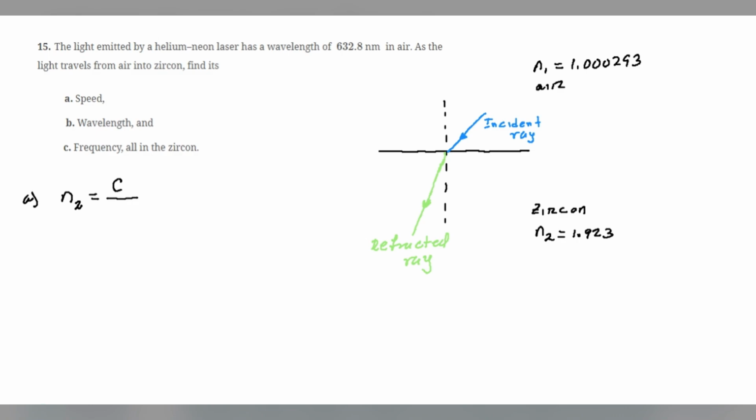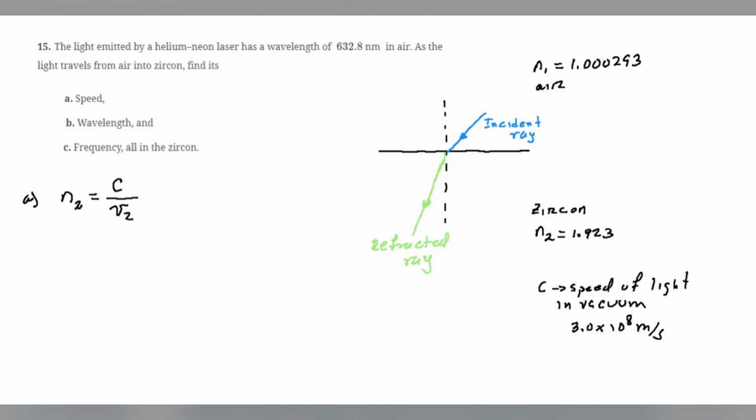Remember that c is the speed of light in vacuum, 3.0 times 10 to the 8 meters per second, divided by the speed of the light in the medium, that in this case is the zircon.